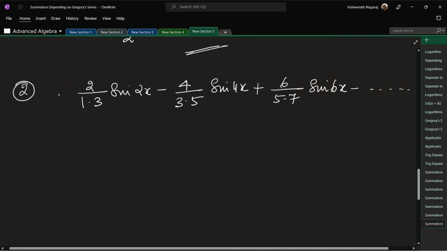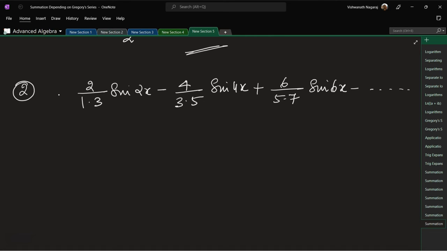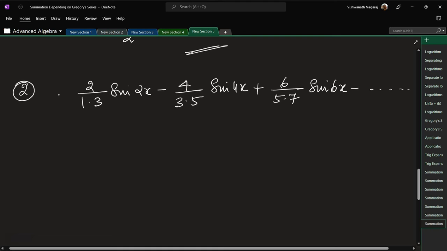Before we actually look at a sine series or cos series, we need to manipulate this in such a way that we can work on it. So let's do one thing. This we can write as 1 plus 1 by 3, which gives us 3 plus 1, 4 by 3. But here it is actually 2 by 3. So that 4 has to be reduced by half. So we take half out.